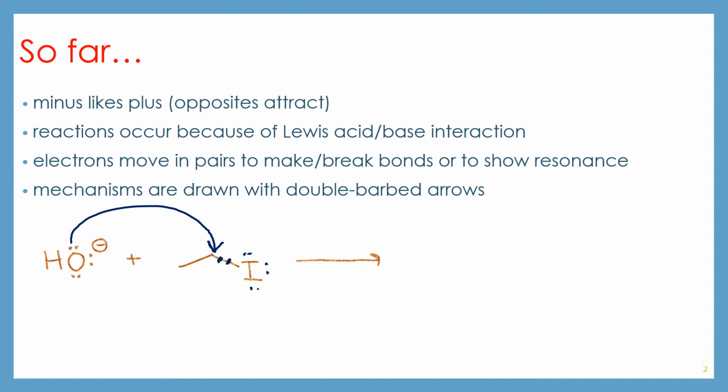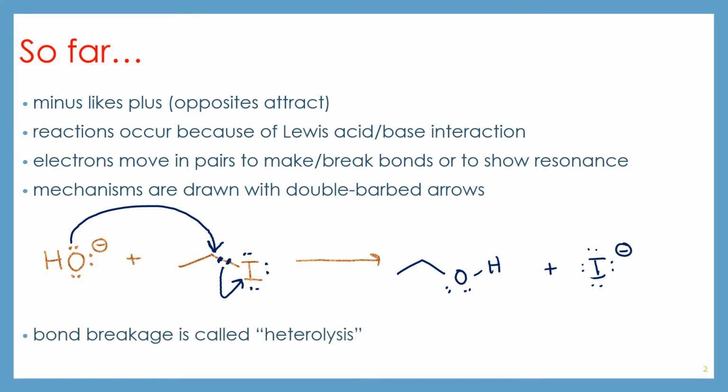Iodine has lone pairs of electrons, and iodine leaves with the electron pair in the covalent bond, giving us a molecule of ethanol plus iodide anion. This type of bond breakage is called heterolysis.